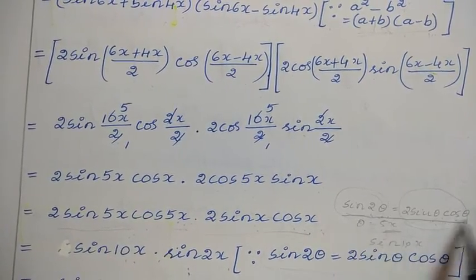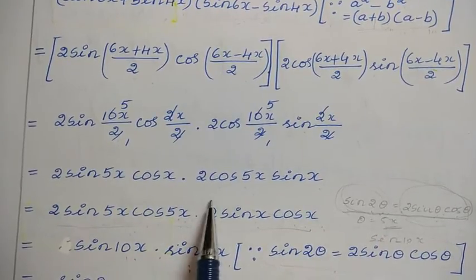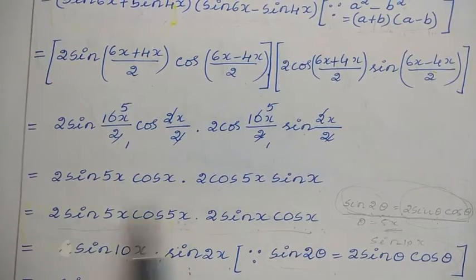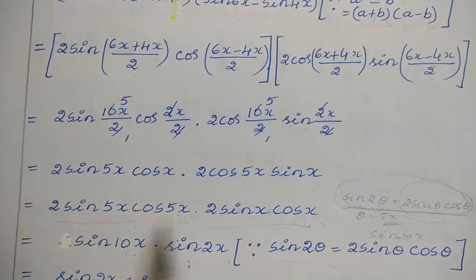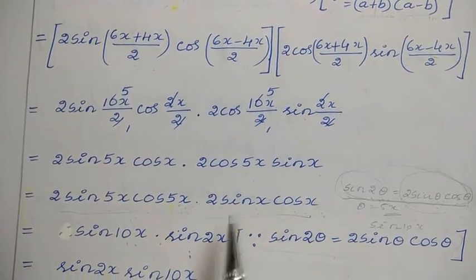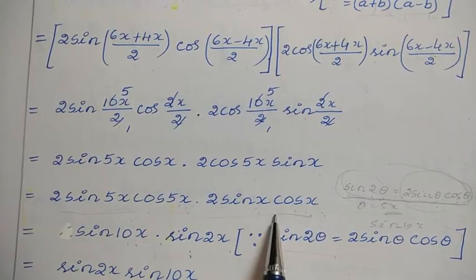So now we can apply this formula. To apply it, just rearrange these values. We have 5x and we have x, so I'll write them together: 2 sine 5x into cos 5x together, and then into 2 sine x into cos x. Now we can apply this formula 2 times, for this as well as this.